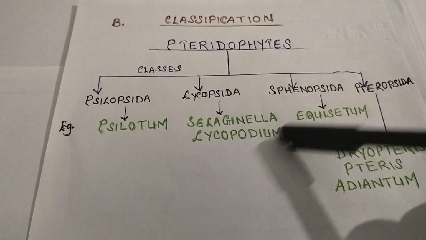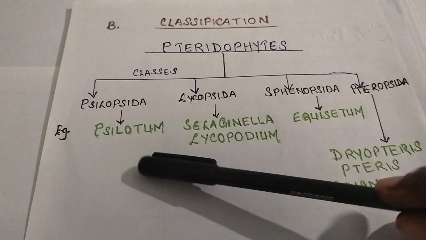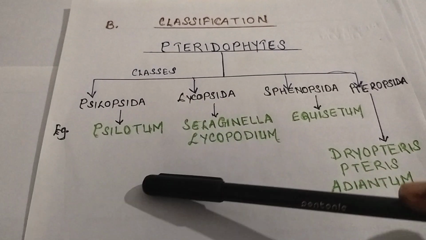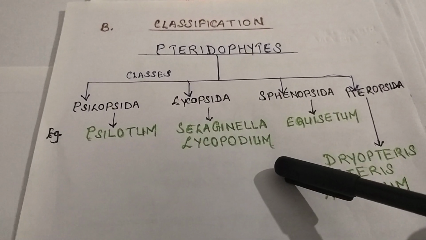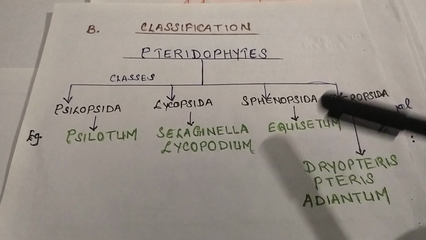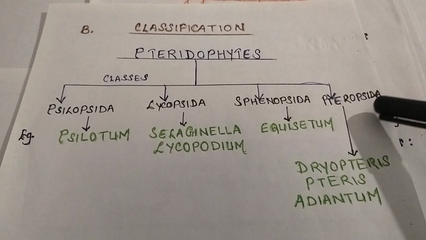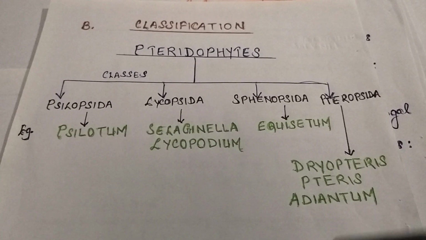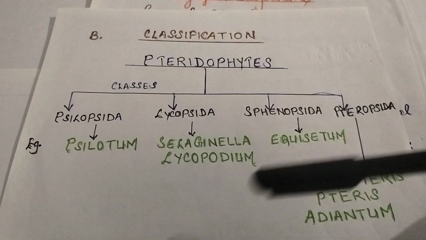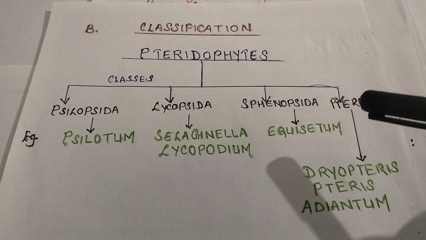These are the 4 classes of pteridophytes, and examples are: Coelopsida includes Coelotum, Lycopsida includes Selaginella and Lycopodium, Sphenopsida includes Equisetum, and Pteropsida includes Dryopteris, Pteris, and Adiantum. Only this much I slipped off in my last video.